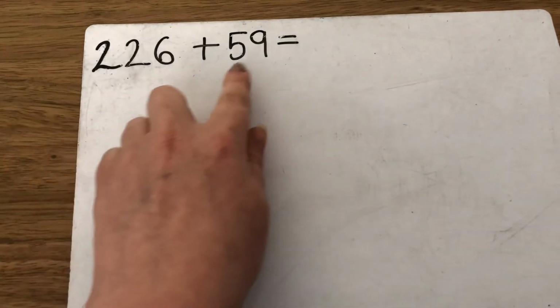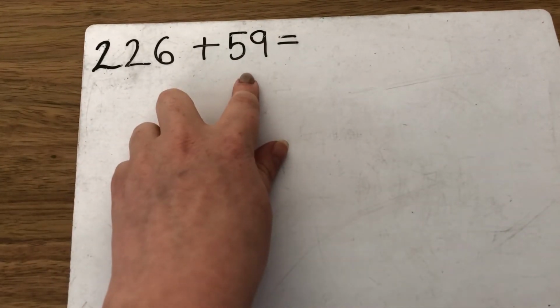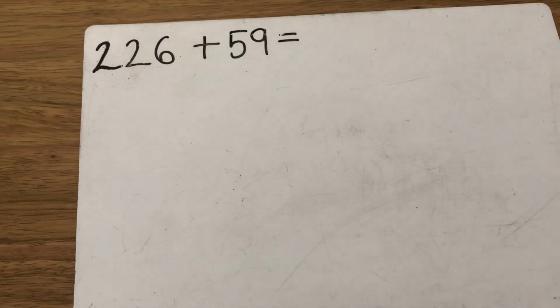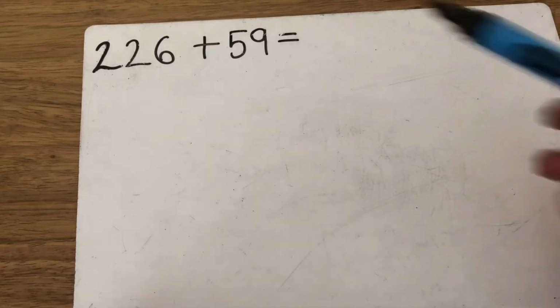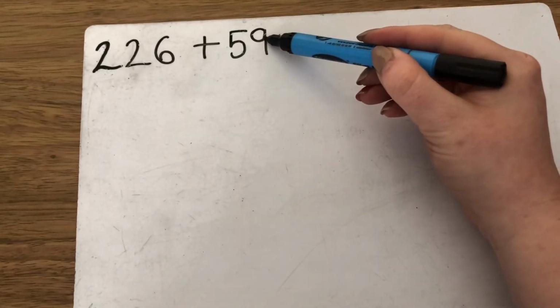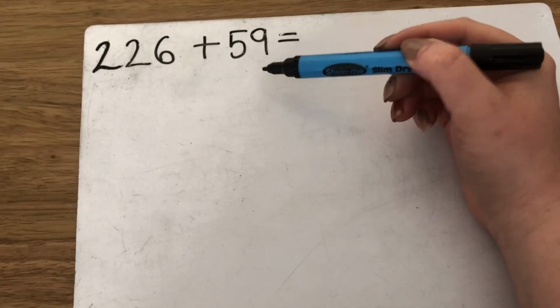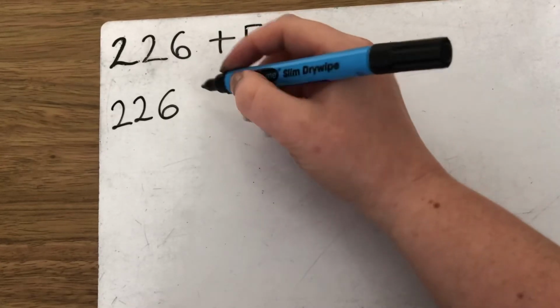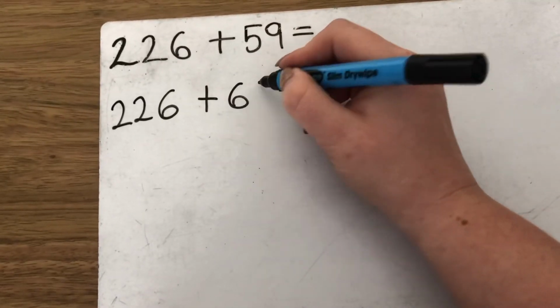So 226 add 59. We know that 59 is close to the multiple of 10, 60. And what do we need to do to get to 60 from 59? We just add 1. So the calculation that we're going to do is 226 add 60.